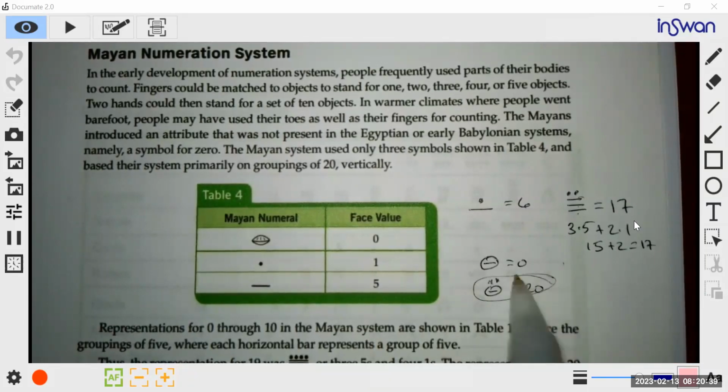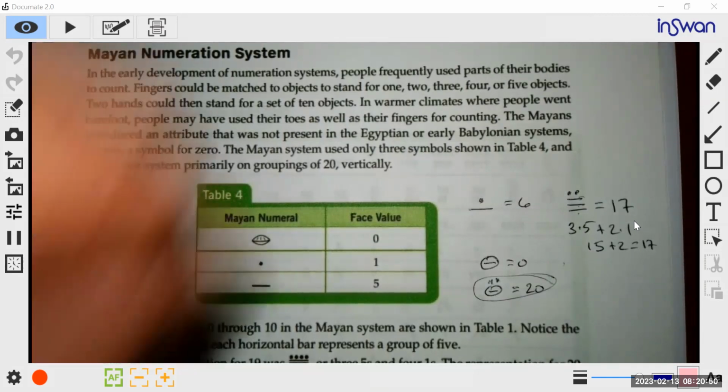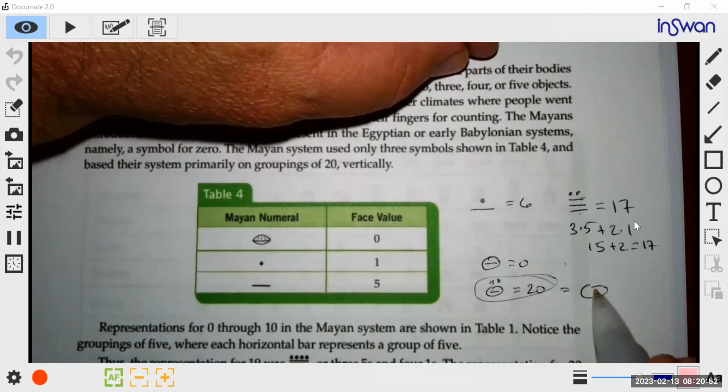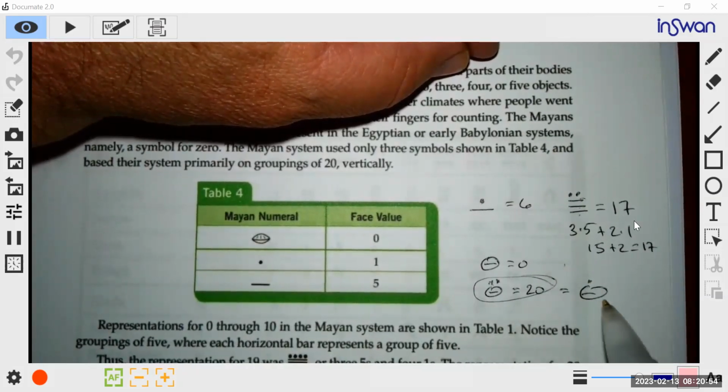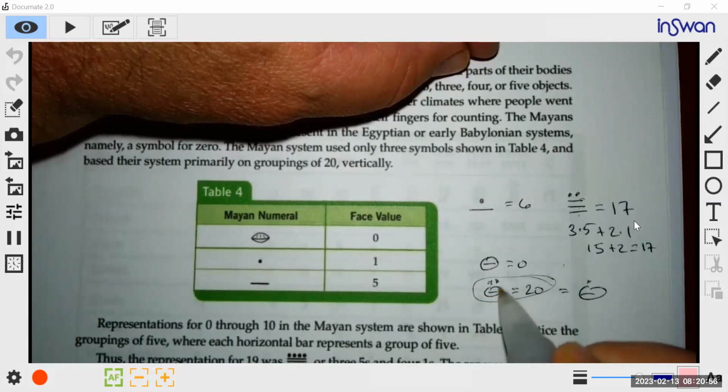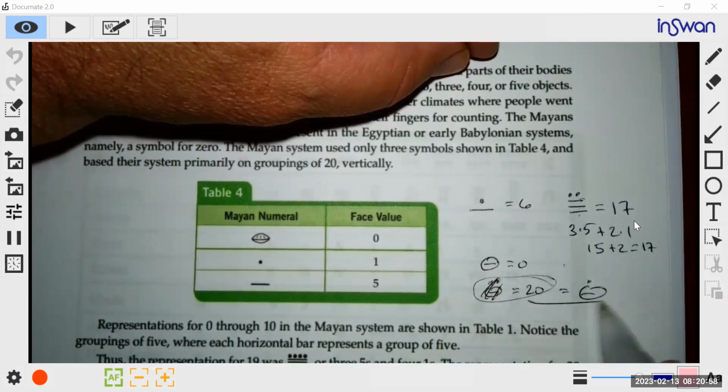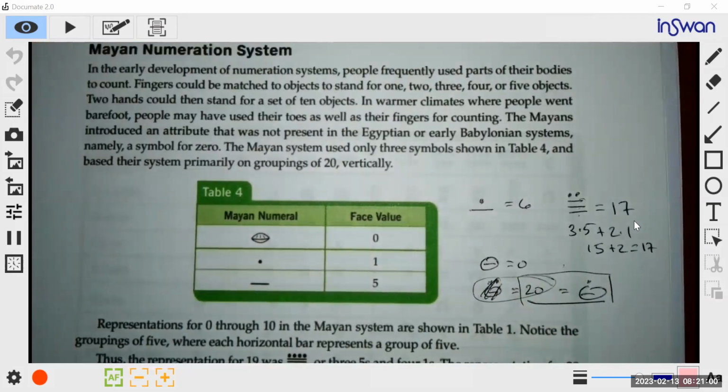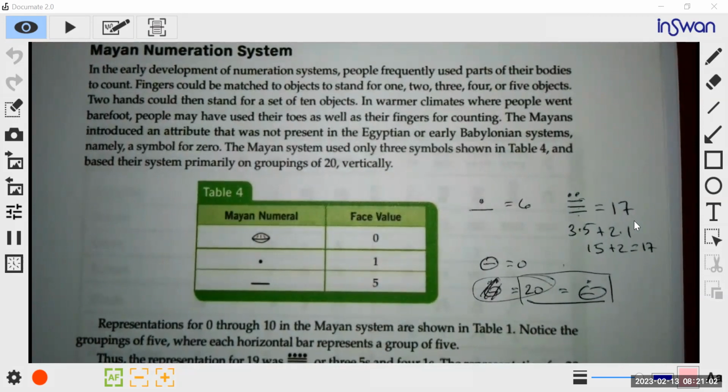Don't quote me on that one. That's because the symbol itself just meant a 0. But again, don't quote me on that. Or maybe it was one of these two. That's this. The nutshell with a single dot represents 20.